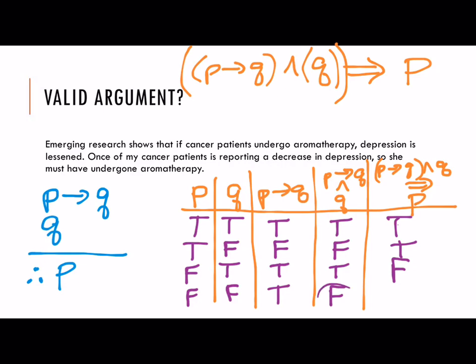And then if false then false, that's true. Okay, so is this valid or invalid? Well, we would look at the last column, and we would need to see all trues in order for this to be valid. So this is an invalid argument. Okay, so if you read that and right away thought, well, that doesn't really make sense, there's some other conclusion that we could draw, well, then that's correct, and we've just proved that symbolically.